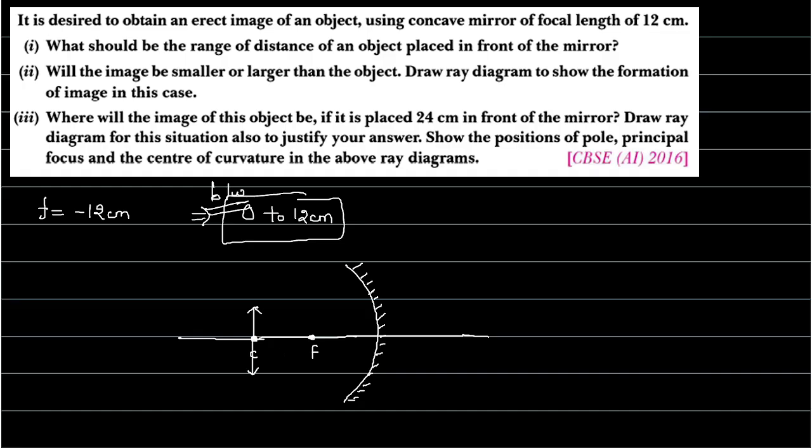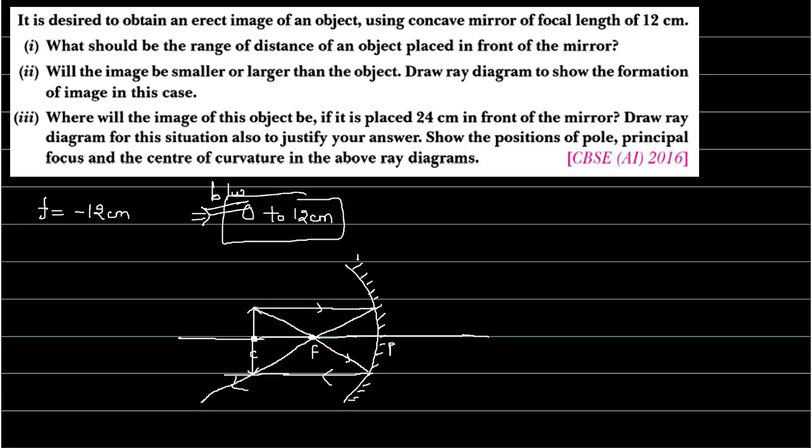Now we will just pass our line from this point only like this, and second you can draw like this.